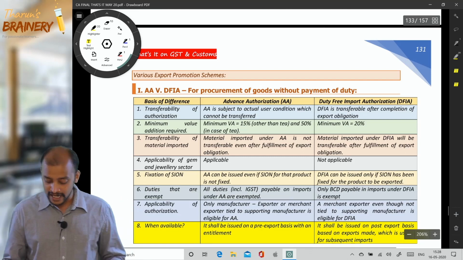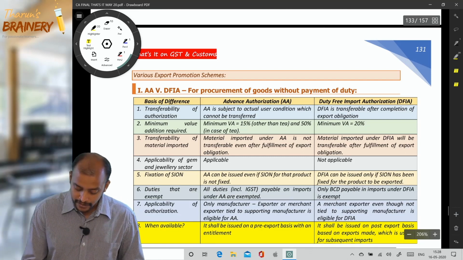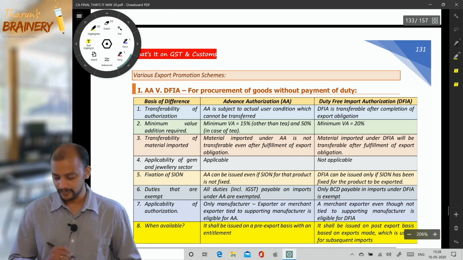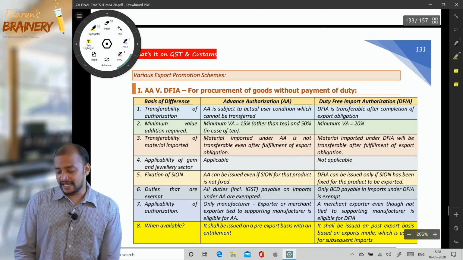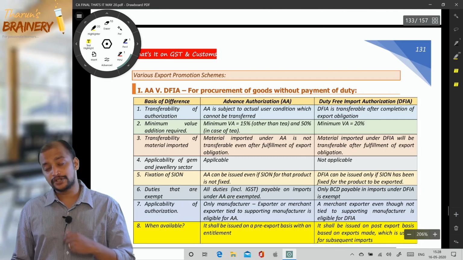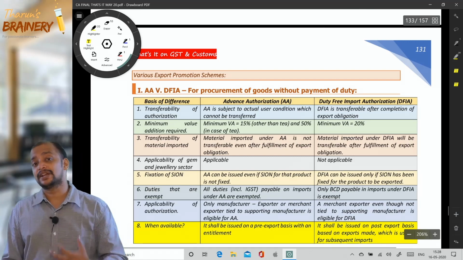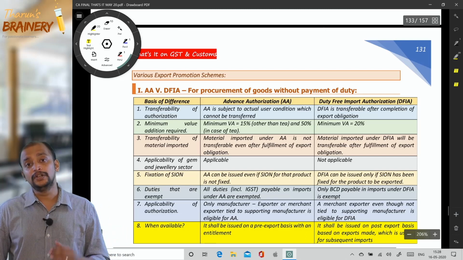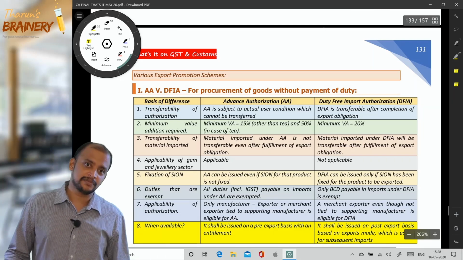So that's why it is called duty exemption scheme. So you don't have to pay. It's not duty remission, whereas duty drawback is duty remission. First you pay and then get it as a refund.